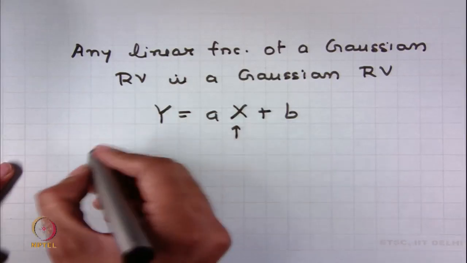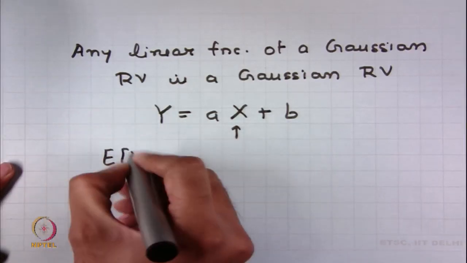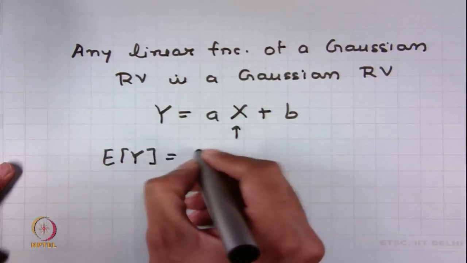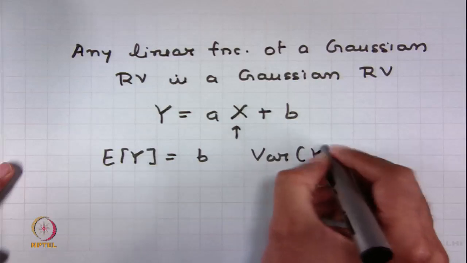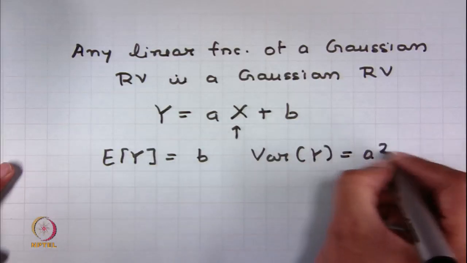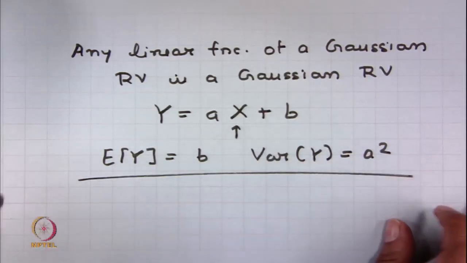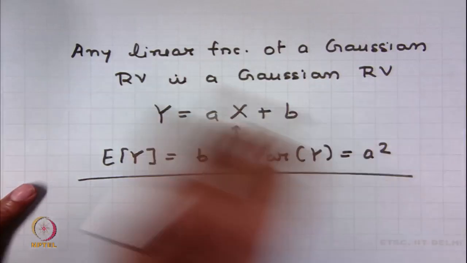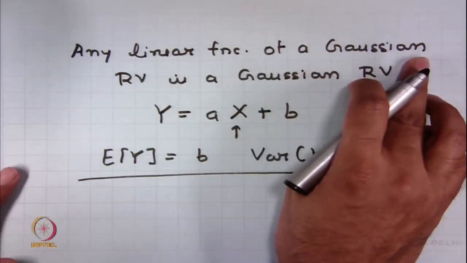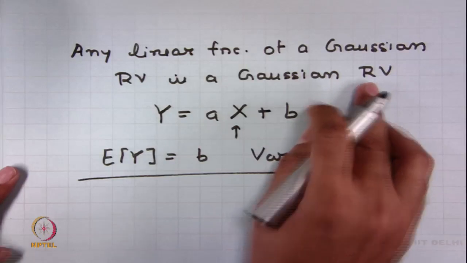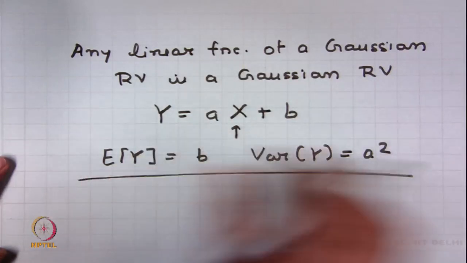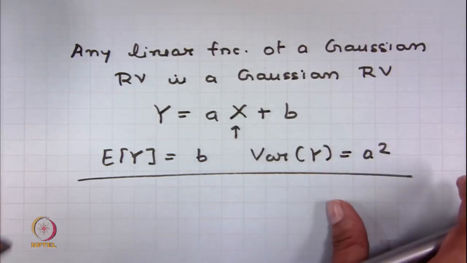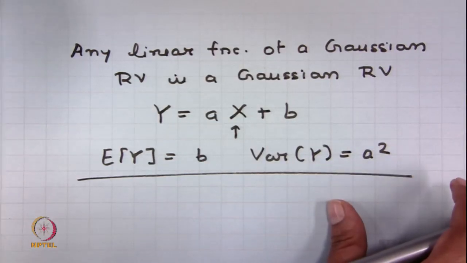What has happened is the mean of y in this case is b and the variance of y is a square. Okay. This is a very important conclusion: any linear function of a Gaussian random variable is a Gaussian random variable with a modified mean and variance. So, how do this mean and variance get modified? We will see in the next lectures.